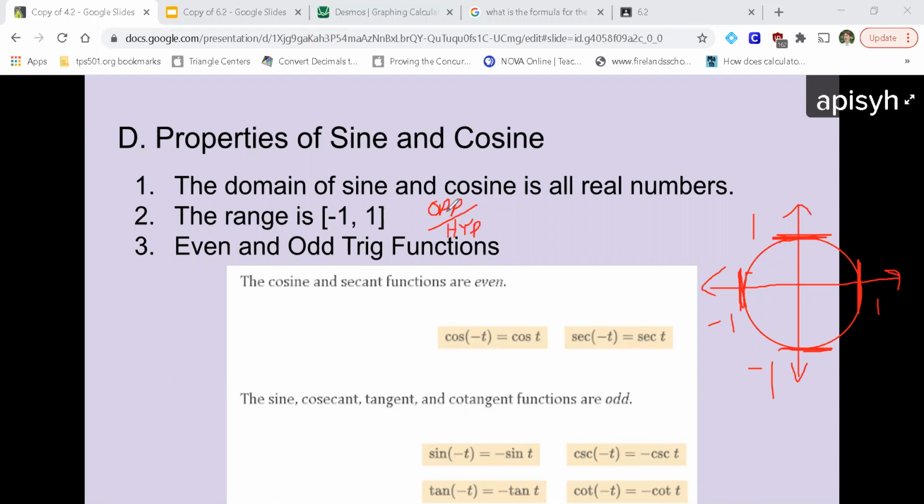At best, they could be equal. Most of the time, the opposite is smaller, and that's how you get numbers between -1 and 1. But you'll never get numbers where the opposite is bigger, so you never get higher than 1 as an answer. Same thing goes for cosine, right? It's just the adjacent instead.